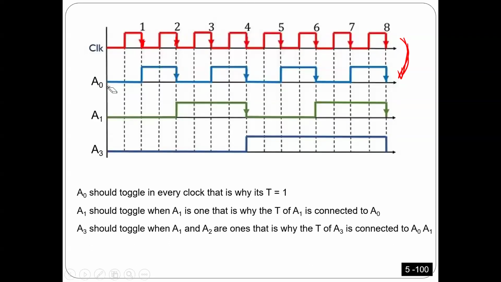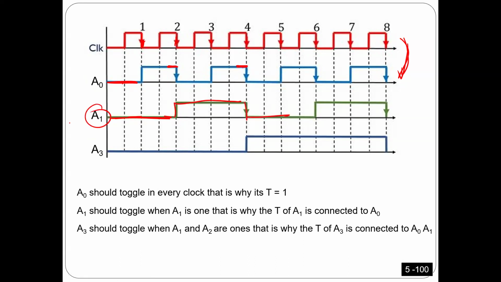Okay. Let's look at the second one here, E1. You can notice E1 should toggle only when E0 is equal to 1. So here, E0 is equal to 0, so it should not toggle. When this one is equal to 1, it's going to toggle. Same thing here, when this one is 1, it's going to toggle.